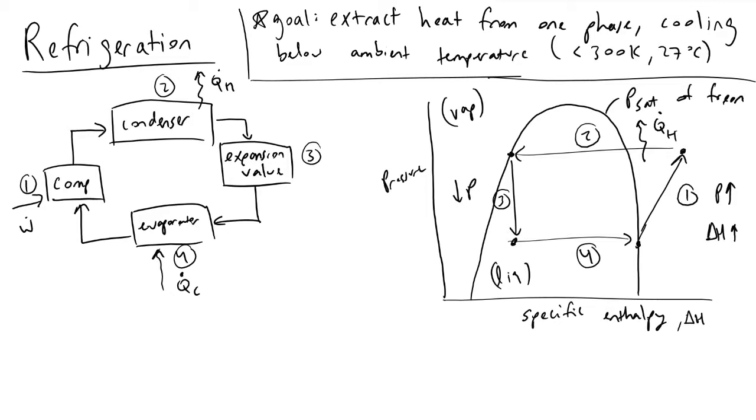And inside of our evaporator, because we've decreased the pressure significantly, we now have this nice regime in which we can take in QC joules of heat per second from the car interior. And because of that, your car interior gets cooler. So this illustrates the main process of what's going on.